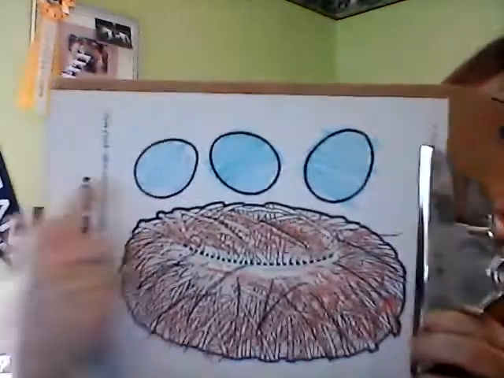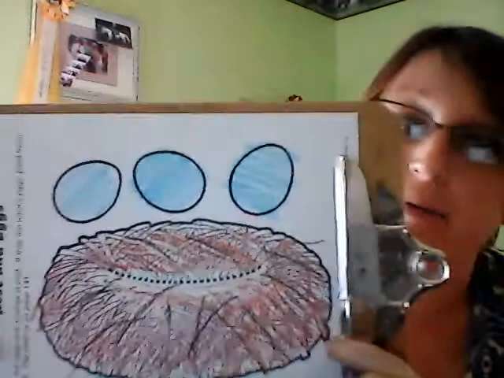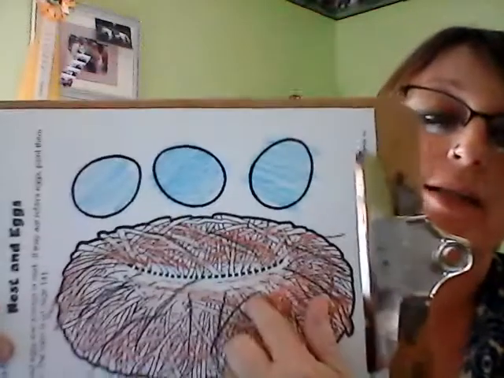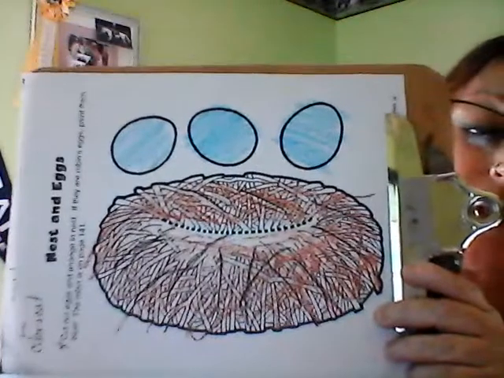Okay, my nest is all colored, and so are my eggs. And as you can see, I did not stay in the lines. Not a big deal. I'm going to cut the nest out, and I'm going to cut my eggs out. And you won't be able to tell that I didn't stay in the lines. Okay, as you can see, I have my eggs, and I have my nest. And if you look at the nest, you can see that there's dotted lines. So that means you're supposed to cut.